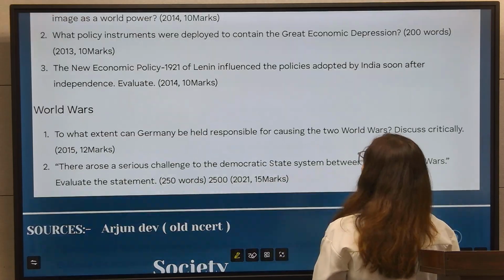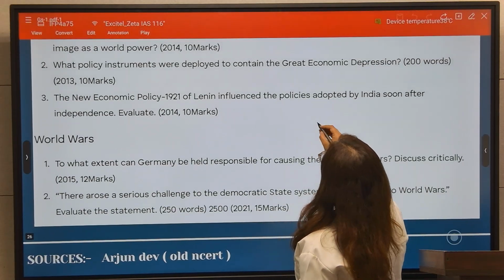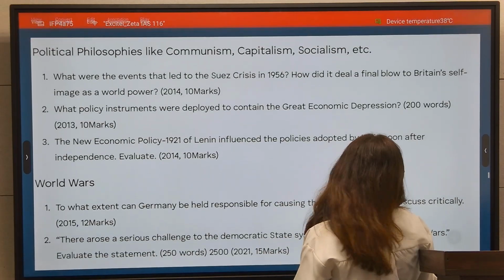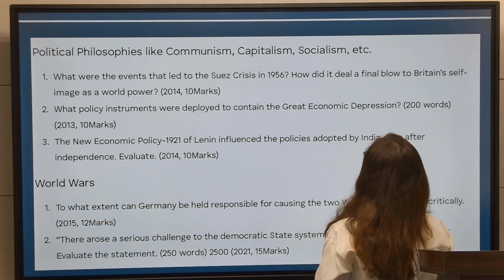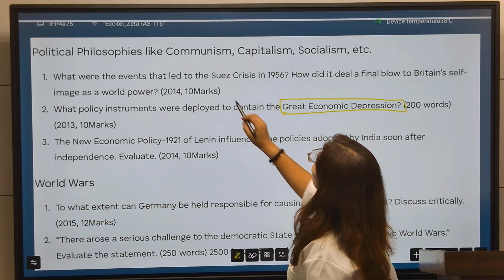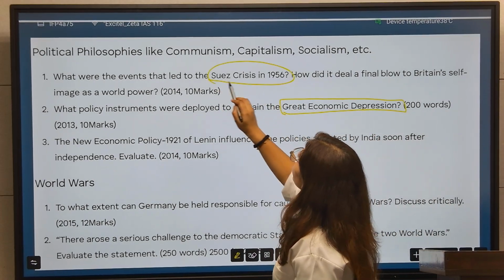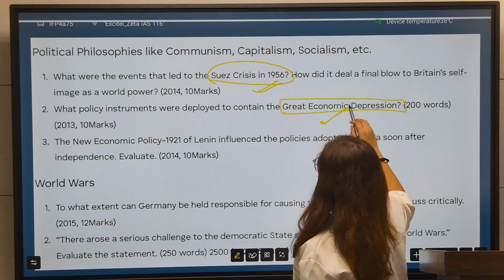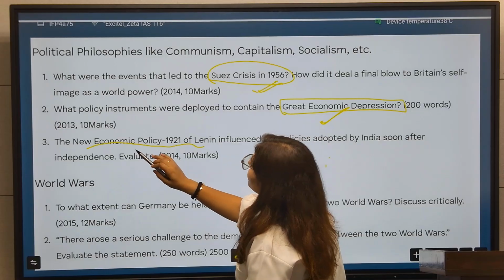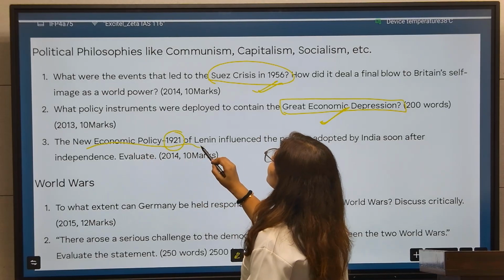Some miscellaneous questions are also asked by UPSC, like questions on the Great Economic Depression, the Suez crisis in 1956, and the New Economic Policy 1921 of Lenin.